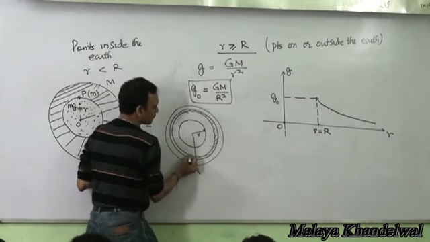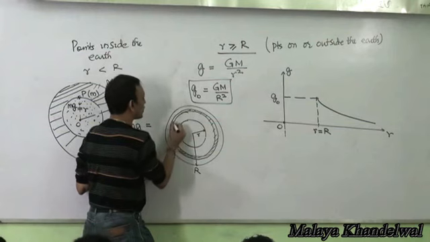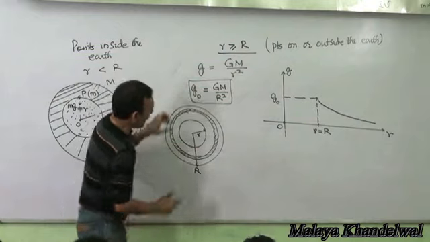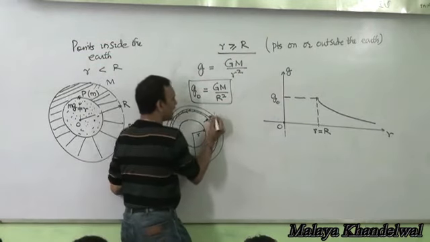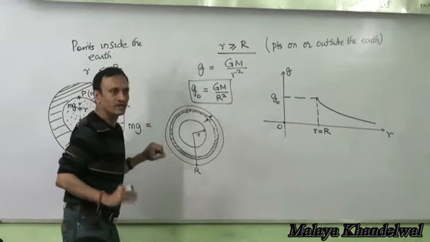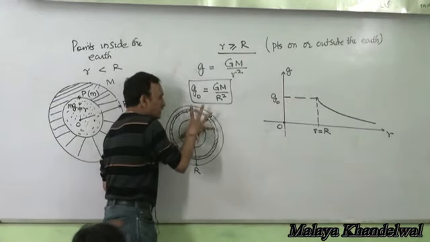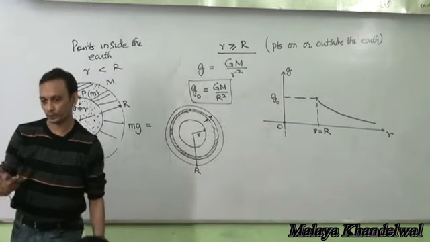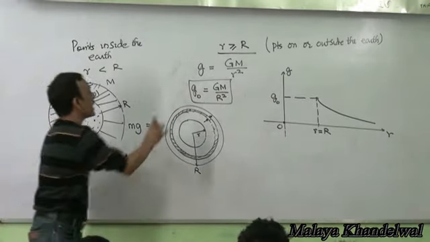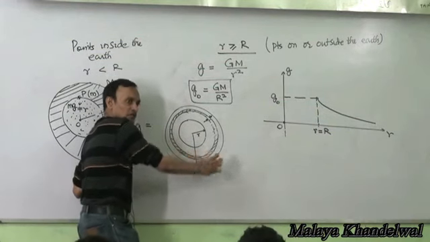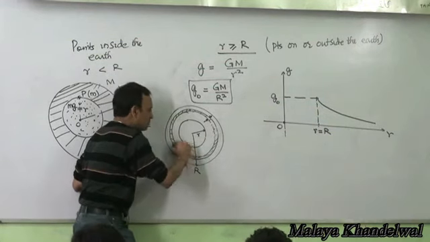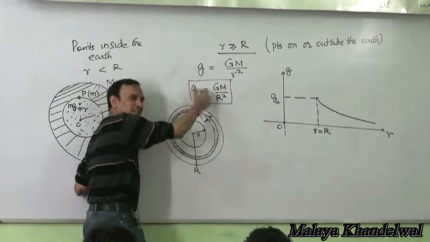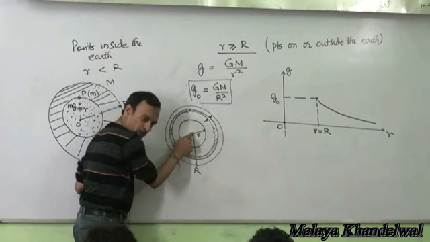Several concentric shells starting from small r equal to small r to small r equal to capital R. This entire annulus is like a sum of several concentric shells placed end to end constituting this annulus. Yes or no? This entire annulus is constituted out of infinite number of shells of thickness dr, concentric, right?